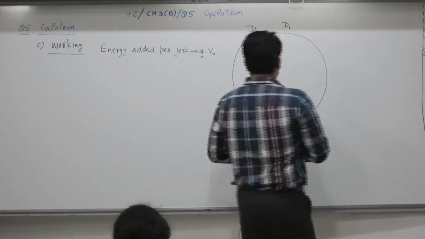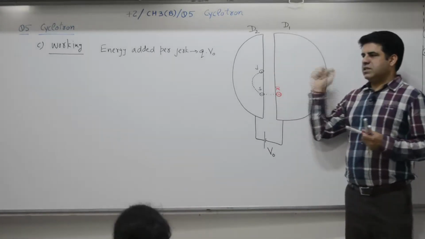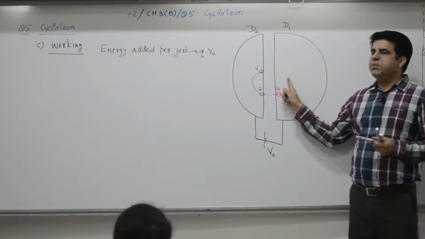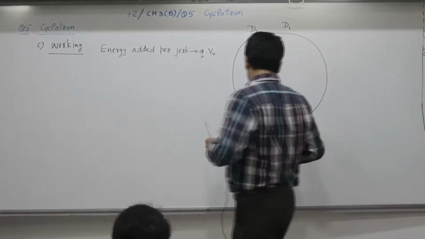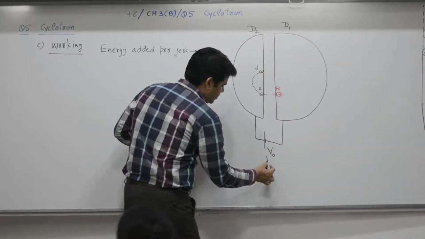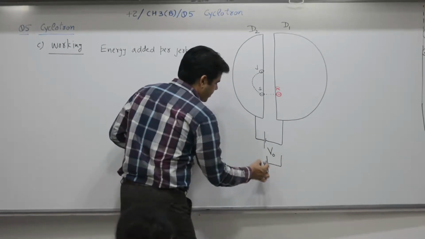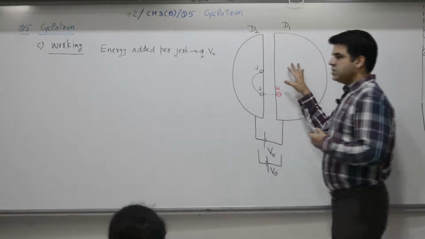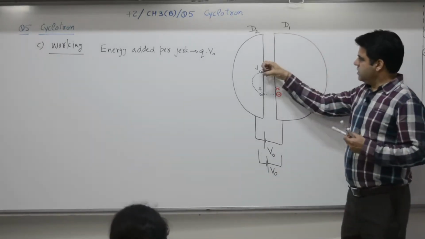Now, you want to provide another jerk. You can provide this another jerk by making D1 to be positive. So, it is alternating, you will change this polarity. Disk D1 becomes positive and gives a jerk.